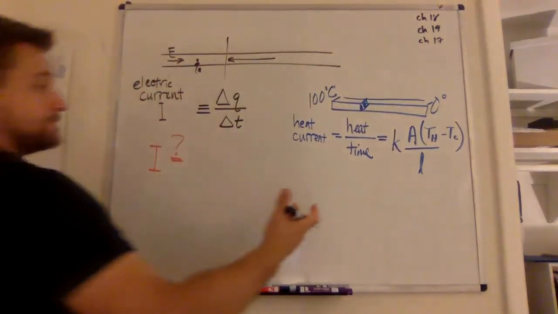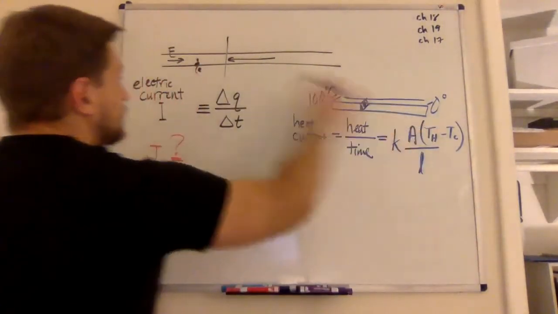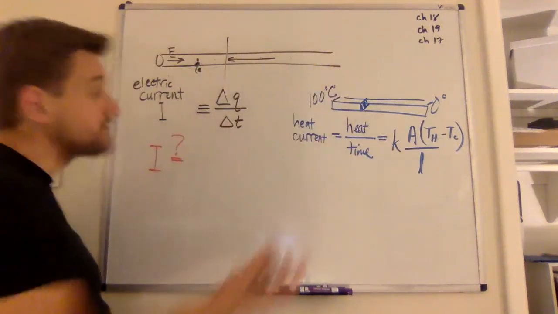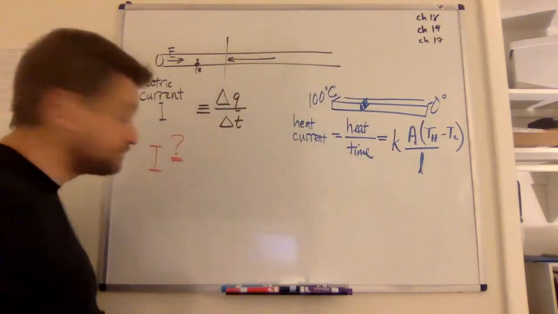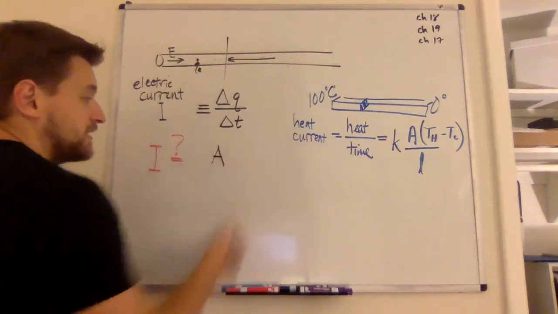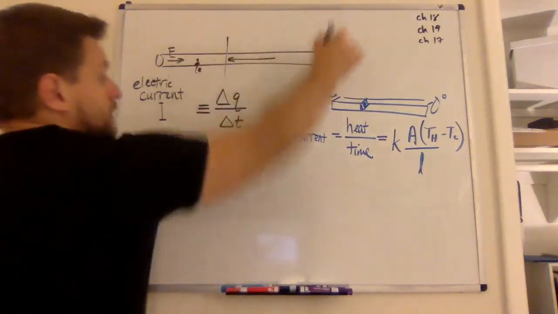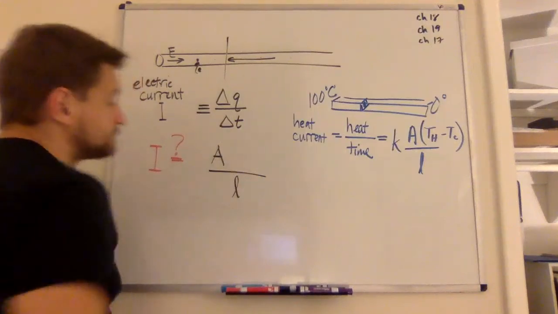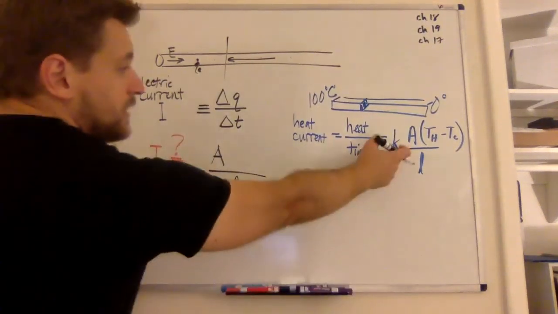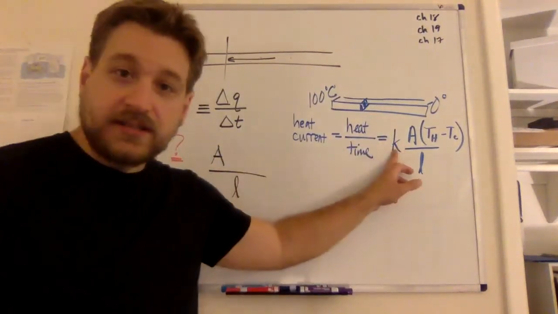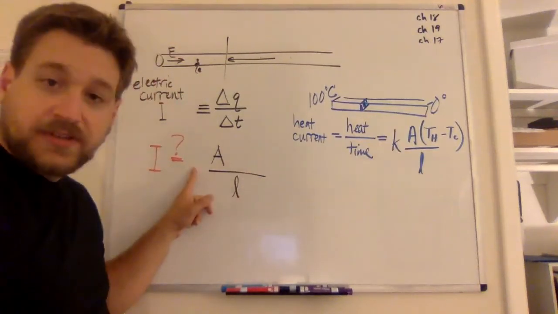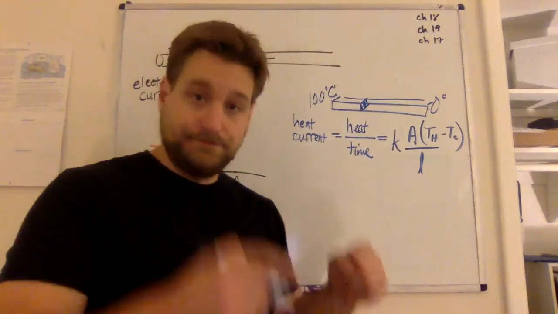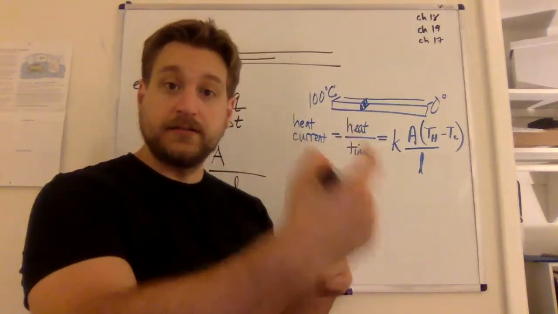So here's what I'm thinking. The cross-sectional area of this conductor that we're moving electrons in, it's still the cross-sectional area. The length that we need to move it through, it's still the length. And instead of thermal conductivity, I'd like to talk about the electrical conductivity. How good is it at moving charge?